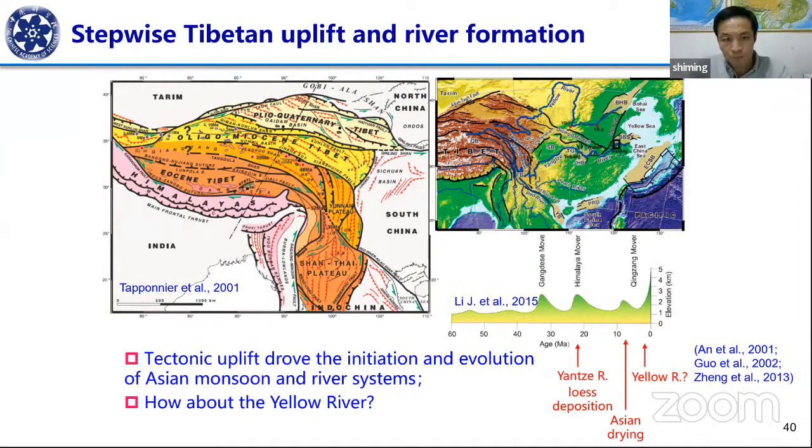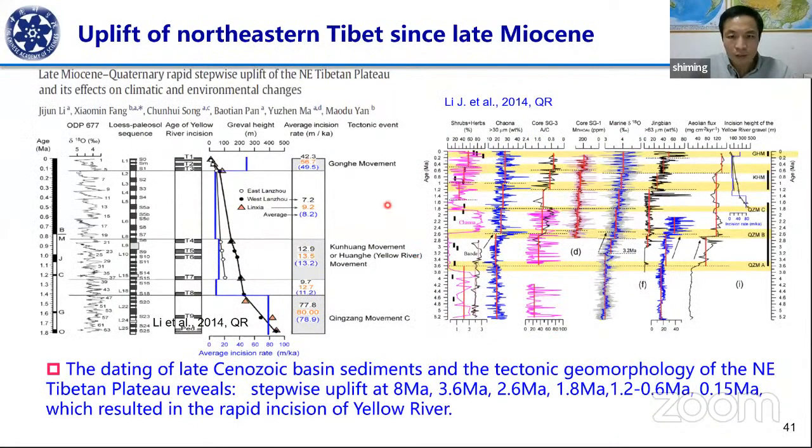This is a question. The uplift history of northeastern Tibet is still highly debated. However, there are some studies, especially from Professor Li Jijun and Fang Xiaomin, that give a very comprehensive review published in Quaternary Research.